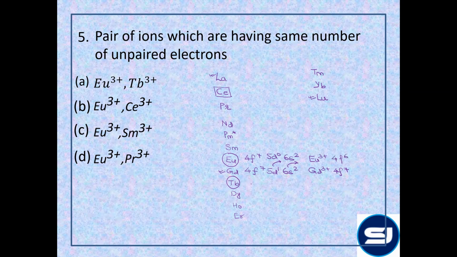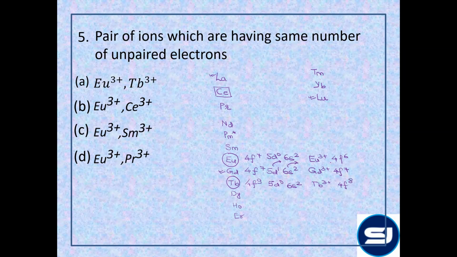Then terbium. 4f9, 5d में कोई इलेक्ट्रॉन नहीं, 6s2. अब इसका जब 3 इलेक्ट्रॉन जाएगा तो मिलेगा टर्बियम 3+ with 4f8.